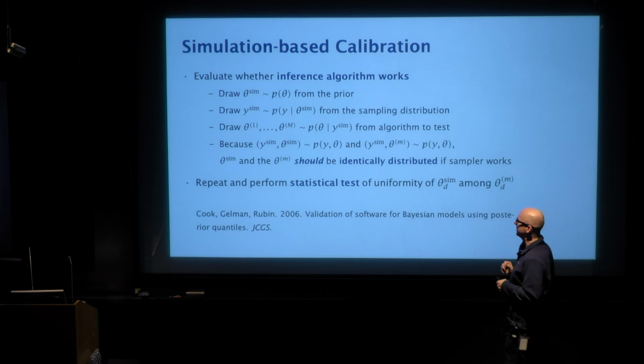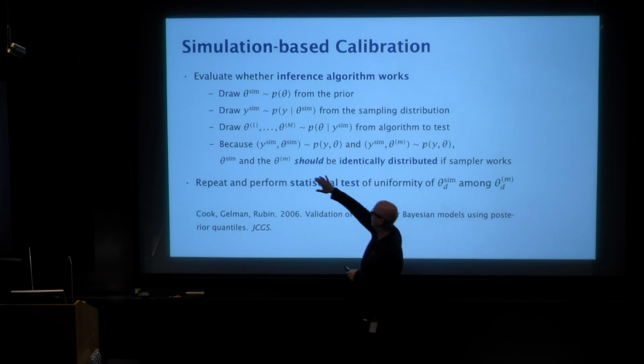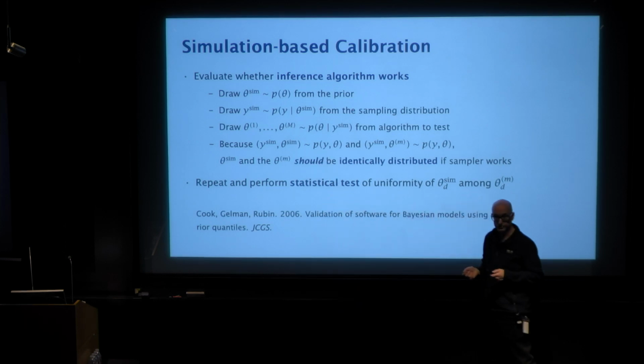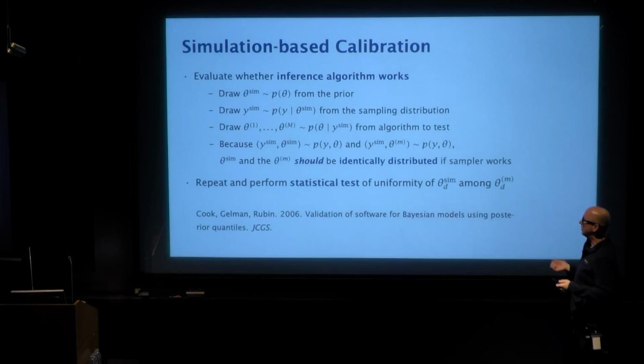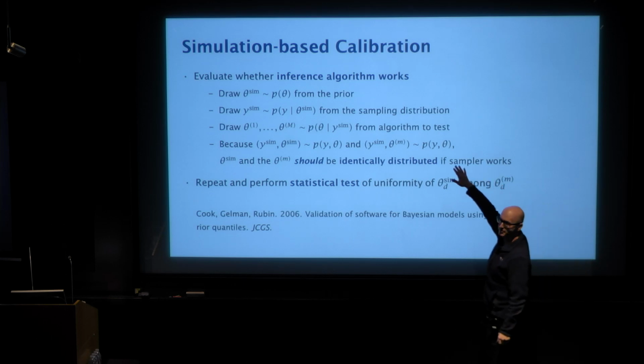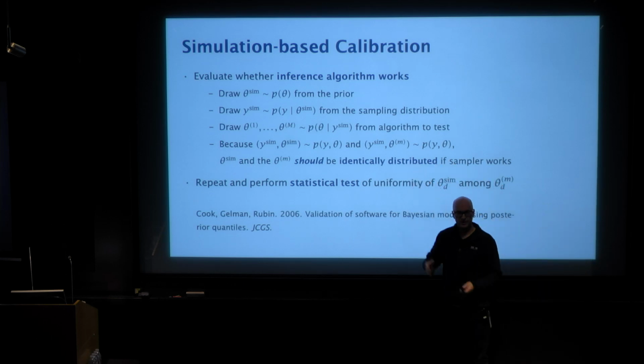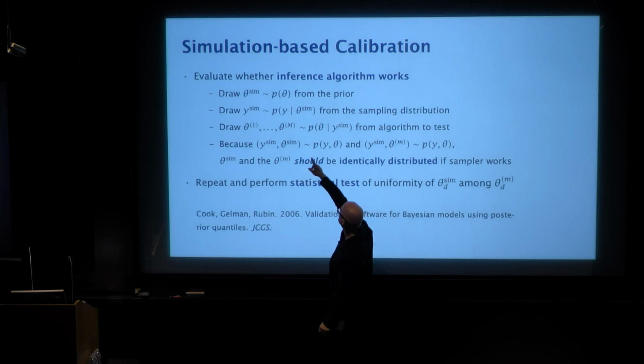So now we have a joint draw, y sim, theta sim, from the joint distribution, just by construction. Now we take the algorithm that we're testing, and the algorithm gives us a bunch of posterior draws: theta 1 through theta m.